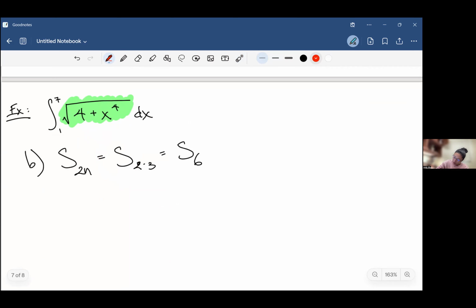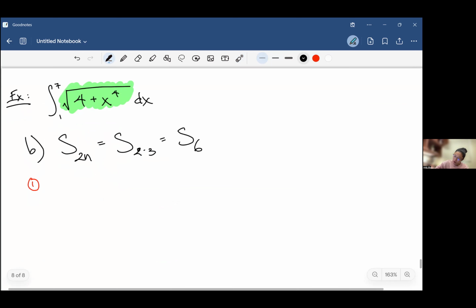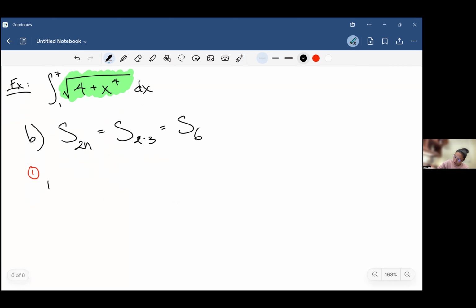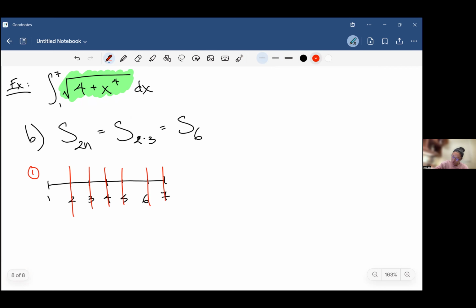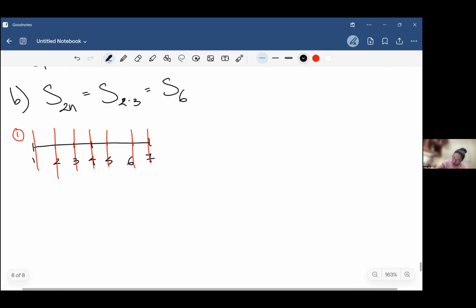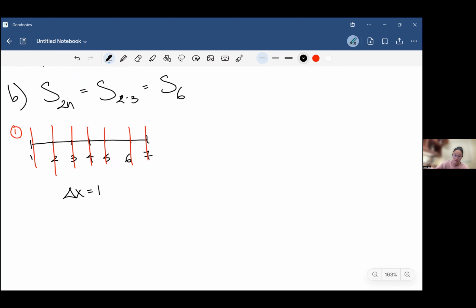Okay. So step number 1, let's go ahead and draw our number line again and find our delta x. 1, 2, 3, 4, 5, 6. And now this time, I think we can see if we want to split this into 6 pieces, each piece will just be 1 wide. Okay. Now what that means is our delta x equals 1.